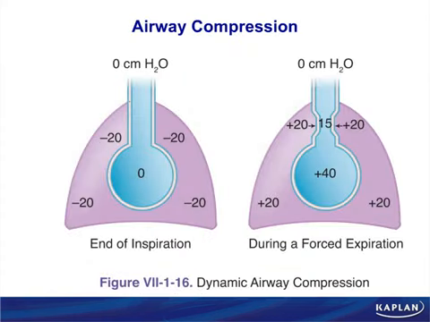All right, let's talk about the physiology of pulmonary function testing. On the left would be a passive expiration. We start at the end of inspiration. We've taken a deep breath in. We have a very negative interpleural pressure, and thus a very positive transmural pressure gradient. Then, if we were to passively breathe the air out, not force it out, interpleural pressure would remain negative the entire time, and we would go back to FRC.